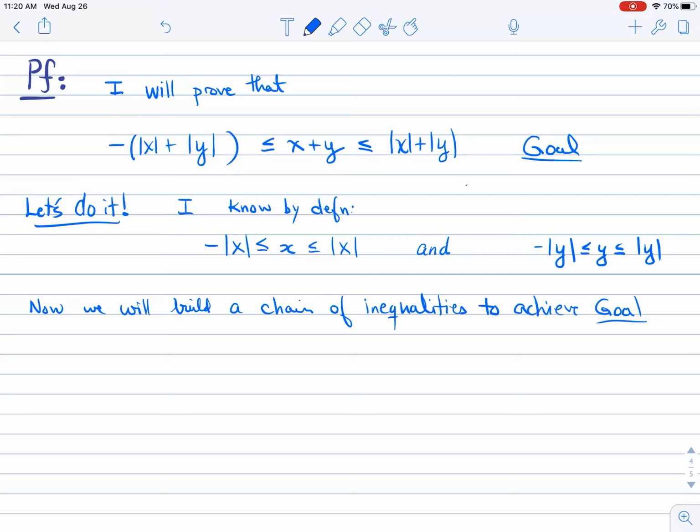What I'm going to do is start with the lowest thing, so negative this. What I ultimately want to show is that this quantity is smaller than x plus y. So let's see what it's equal to. It's negative x plus negative y.